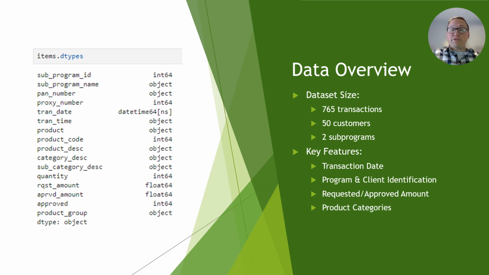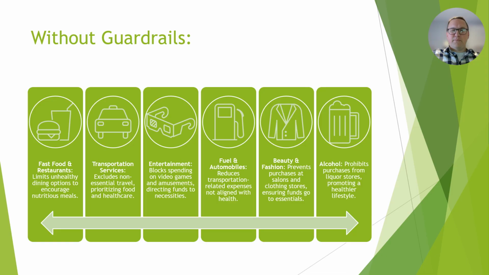Some key features in the data are the transaction date, the program and client identification, so you know which building they came from and which individual this was, the requested amount and the approved amount, and most importantly, the product category. So you can actually see what products your people are buying with the health-enabled debit card that you give them.